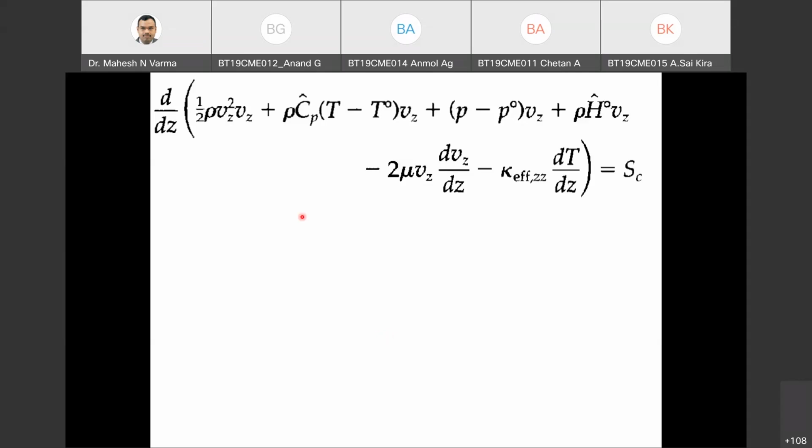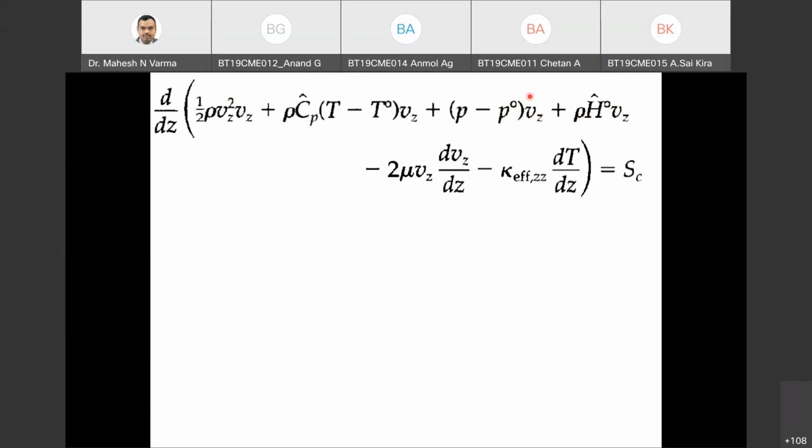As soon as I assume this constant, this term will go. This is constant, so this term will go. As soon as I assume velocity is constant, this second term also goes. Rho Cp T0 into velocity will also go, and P0 into velocity, this term will also go.